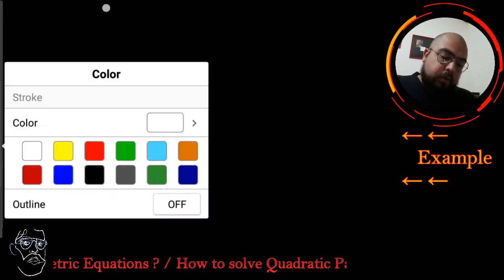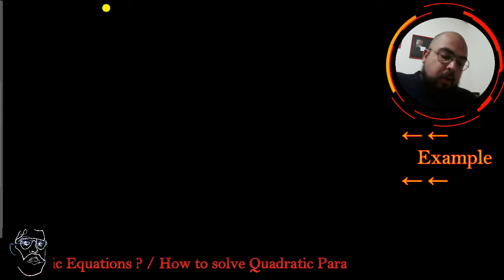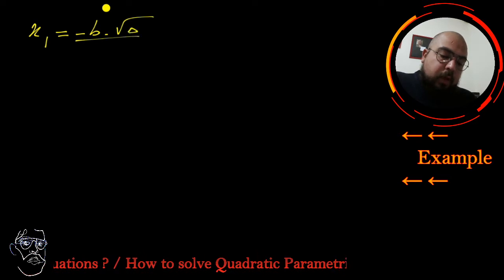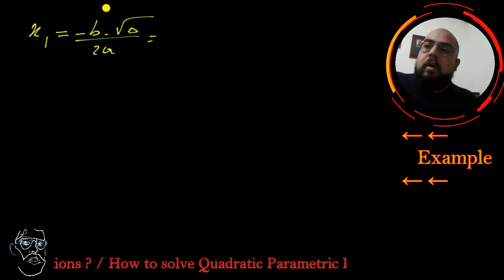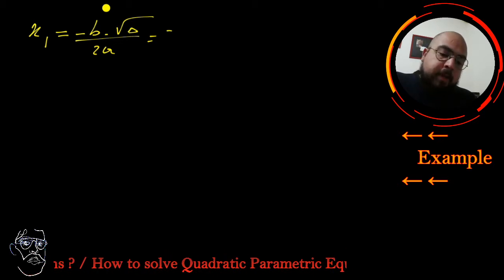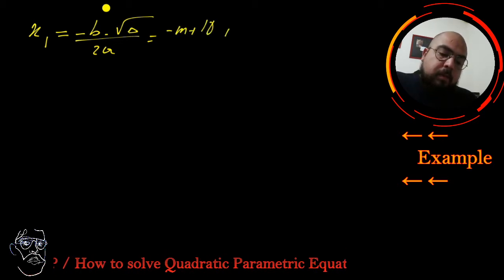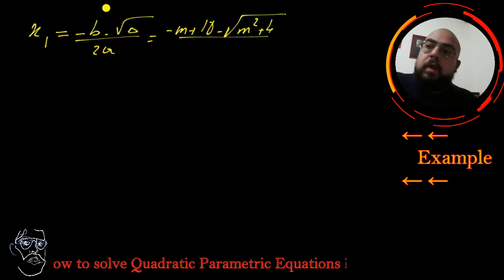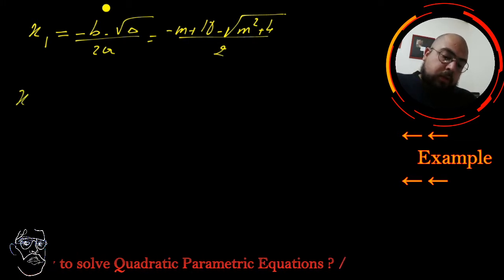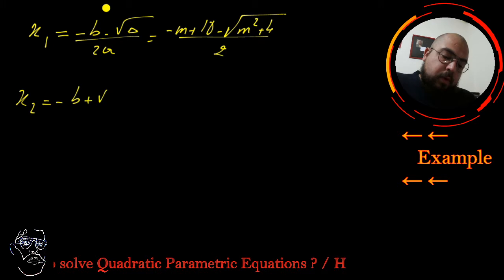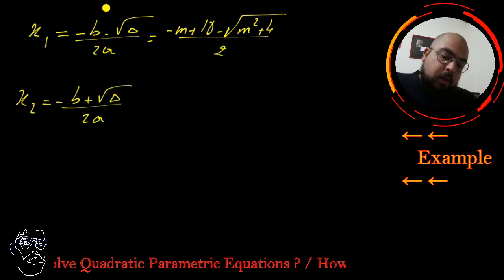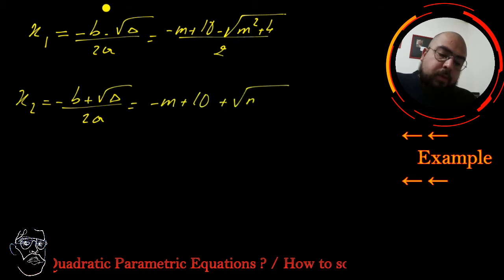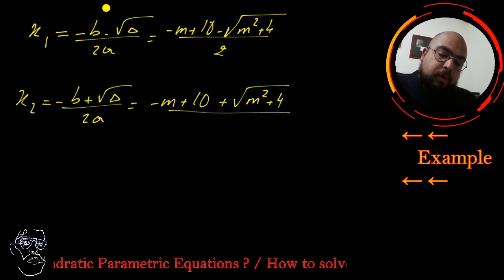Now, in order to calculate the roots, you simply use your formula. So x1 is equal to minus b minus square root of delta over 2a. So it's minus m plus 10 minus square root of m squared plus 4 over 2a, it's 2. x2 is equal to minus b plus square root of delta over 2a, which is minus m plus 10 plus square root of m squared plus 4 over 2.